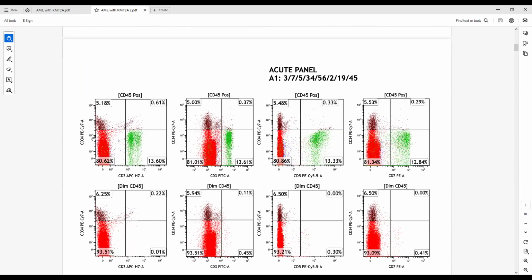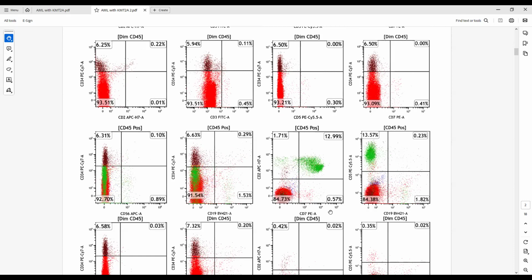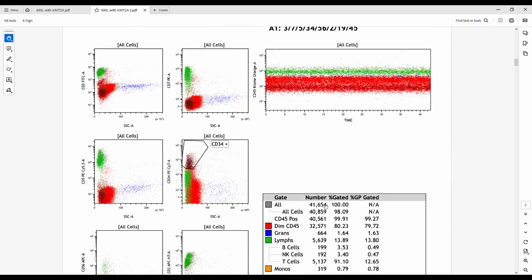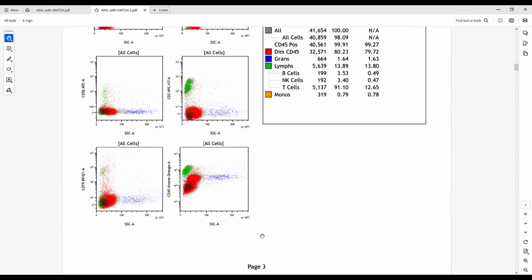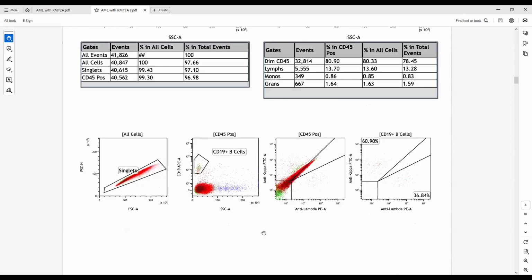This population is predominantly CD34 negative, with very few cells showing CD34 positivity. The T cell or the T lymphoid markers are negative, including CD2, CD3, CD5, and CD7. Here we see CD19, which is a B cell lymphoid marker that is negative, and CD56 is negative as well.